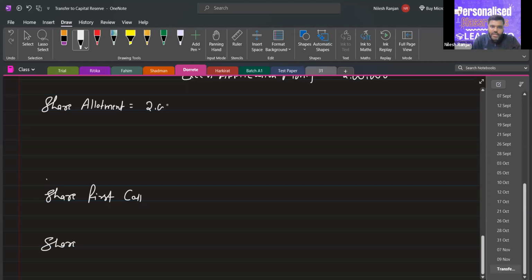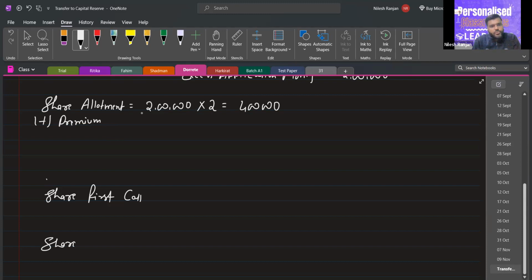So it is 2 lakh for allotment into 2, 4 lakh allotment, plus premium. The premium amount is 2 lakh into 2, so it is also 4 lakh. Total 8 lakh.